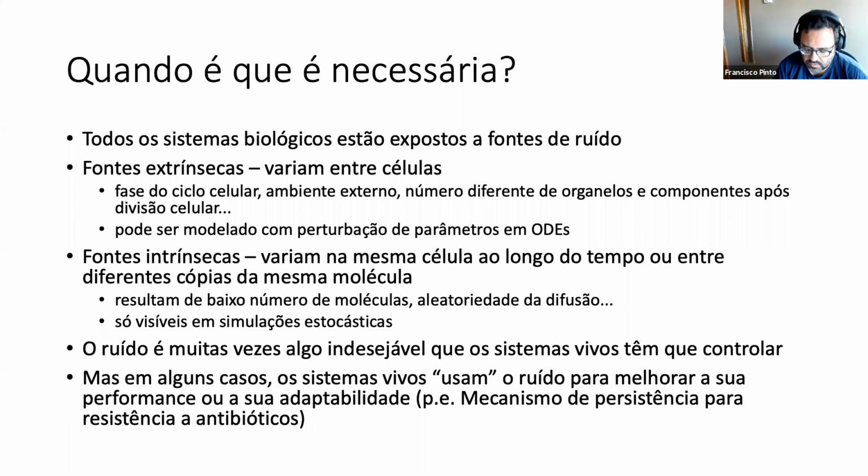So the regulatory circuit that regulates the synthesis of the antibiotic resistance proteins has two steady states, one high steady state and one low steady state, like the positive auto-regulation systems that we have studied.